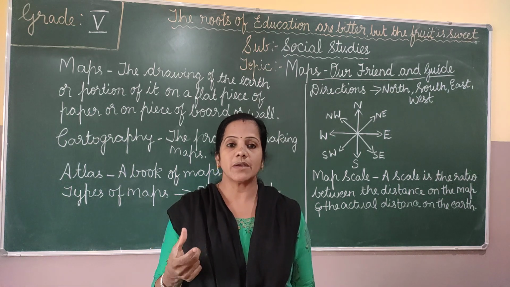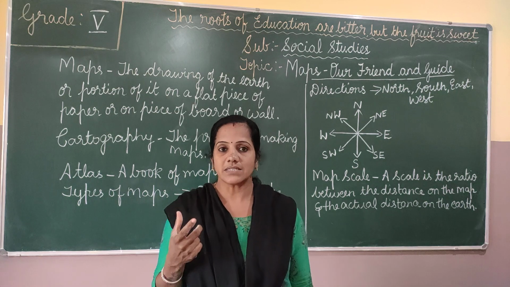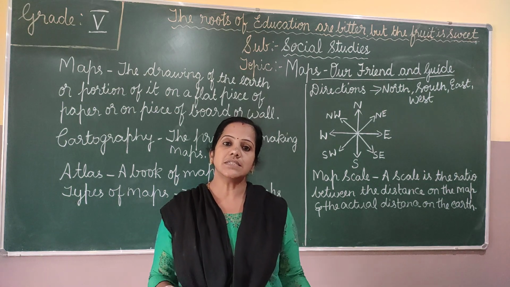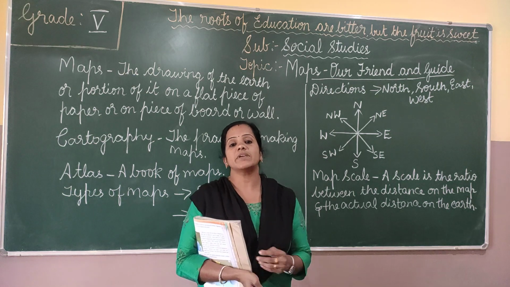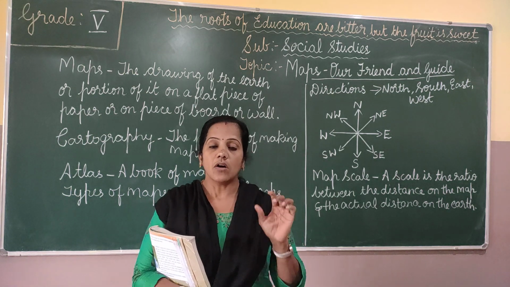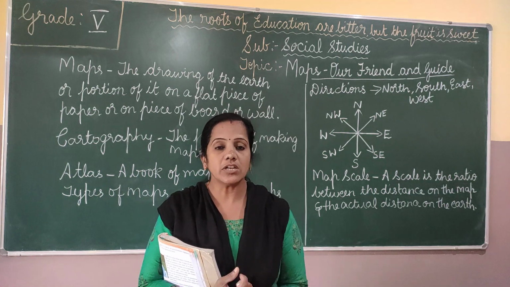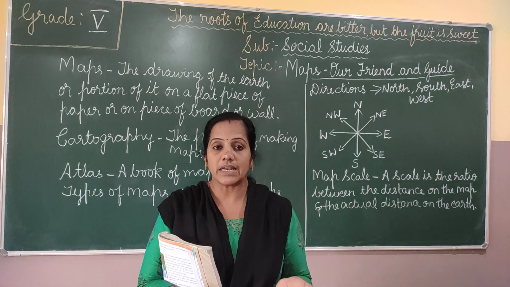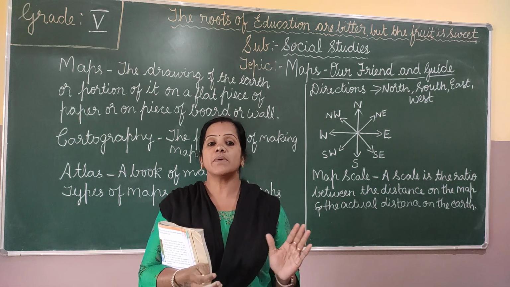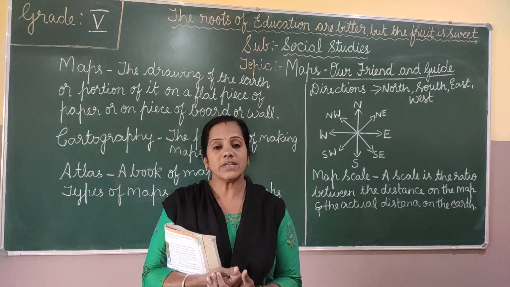And third, we cannot show the detailed information of a particular place on the globe. If you want to show the detailed information, we should make a very huge globe. That will be very difficult.